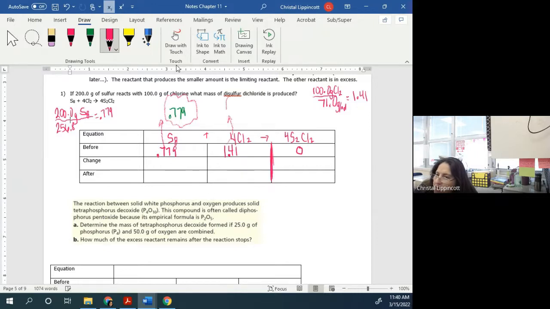So to get this cloud value, what do I have to do? Right, I have to take this amount and divide by 4. And that ends up being 0.352. All right, did I lose anybody there? Anybody not know how I got those numbers?